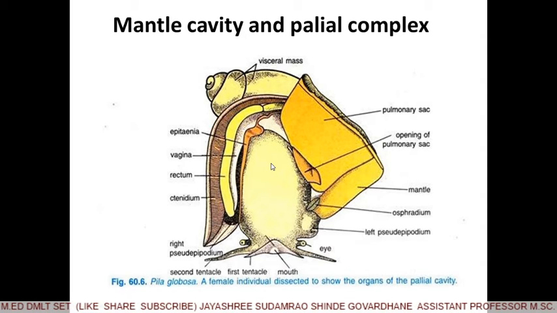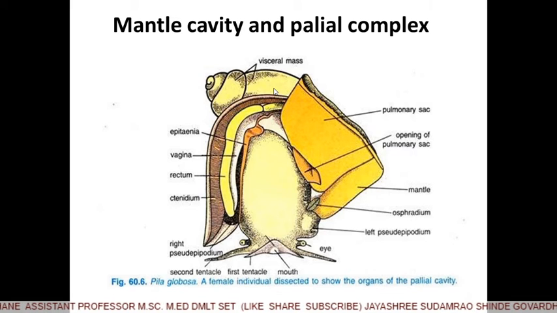It is bounded dorsally and to some extent laterally by the mantle fold, while its floor, or the ventral side, is formed by the dorsal body wall. Many important organs lie in the mantle cavity, which are collectively known as organs of the pallial complex.